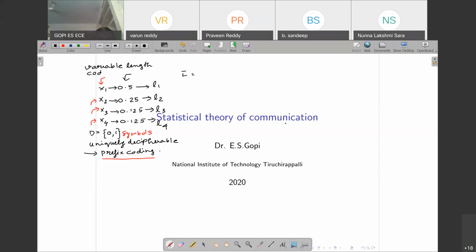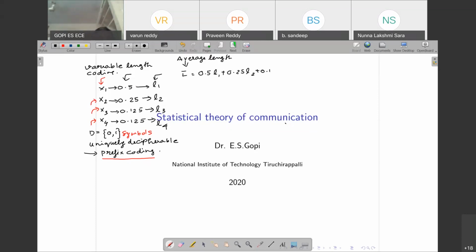The average length is given by the actual length assigned to each sample multiplied by the corresponding probability. It is like 0.5 L1 plus 0.25 L2 plus 0.125 L3, and then we have this L4.